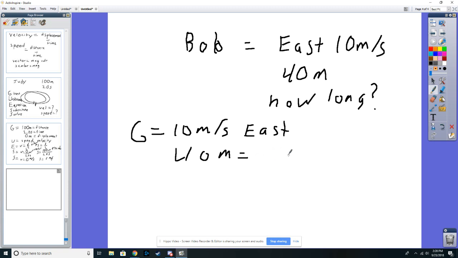So 40 meters would be, say, displacement in this instance, because we are dealing with a direction. And 10 meters per second east would be velocity, because again, this problem is dealing with direction. It cares about direction. We are dealing with vectors.